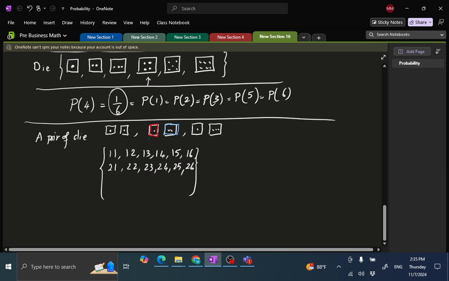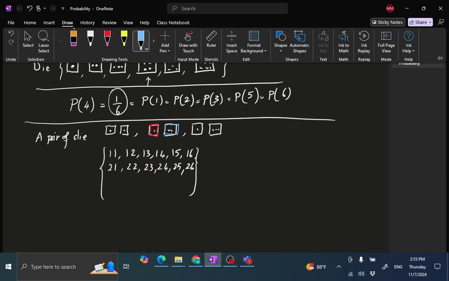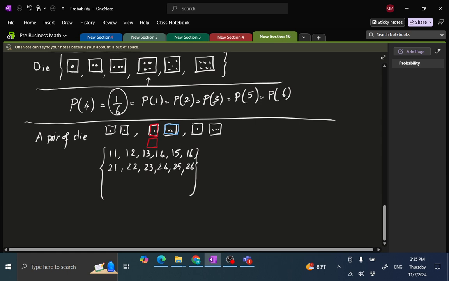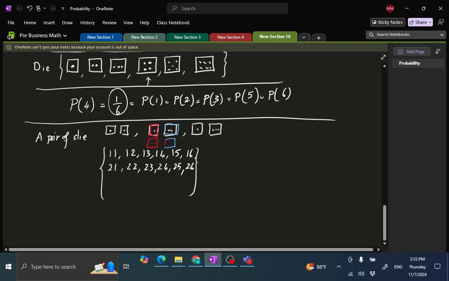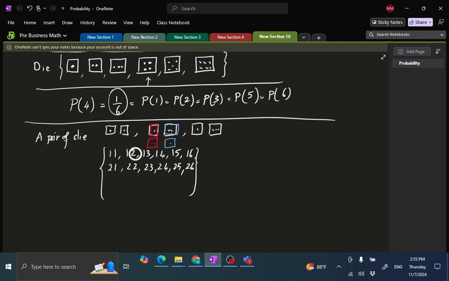So I can have a red coming 1 and a blue coming 2, or I can have the red coming 2 and then blue coming 1. These are going to be recorded as different outcomes. So I can have 1 2 and then 2 1. You can throw them in sequence and so on.